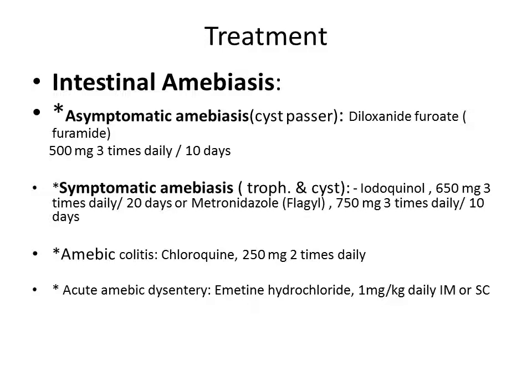Systemic amebiasis, caused by trophozoites, is treated with iodoquinol 650 milligrams 3 times daily for 20 days, or metronidazole, which is called Flagyl, 750 milligrams 3 times daily for 10 days.